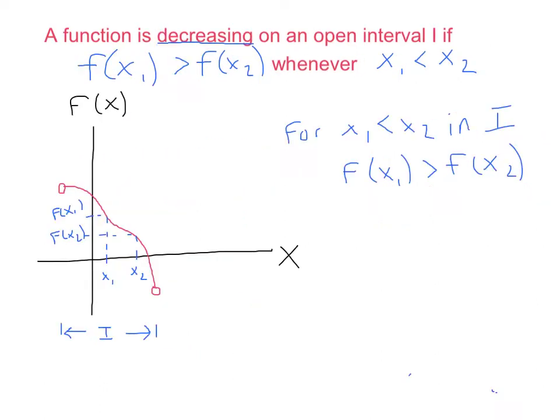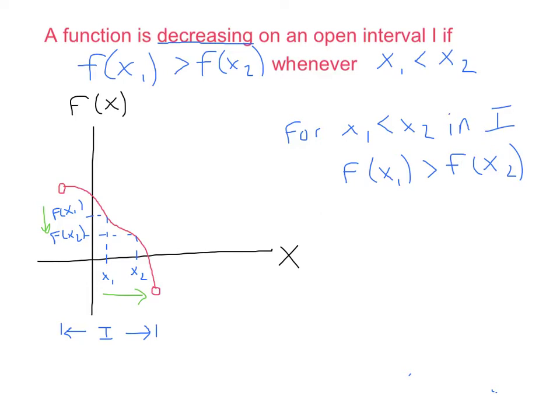Now if we flip that around and look at a function that's decreasing, then that means as I start to move out the x-axis, as my x values are getting larger, the value of my function is going to be going down, and that indicates that the function is decreasing. It's this downward hill on our function here.